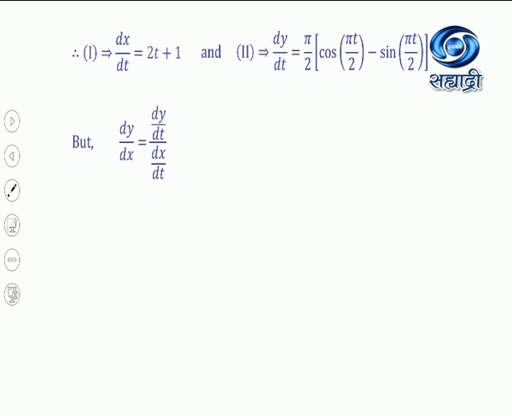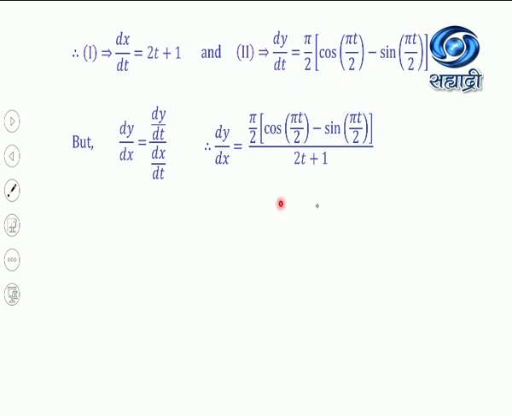And now we will continue here by using formula dy by dx equal to dy by dt upon dx by dt. And now we substitute the values. What we get? In numerator we write this by using this value, and in denominator you write 2t plus 1 by using the value of dx by dt here.